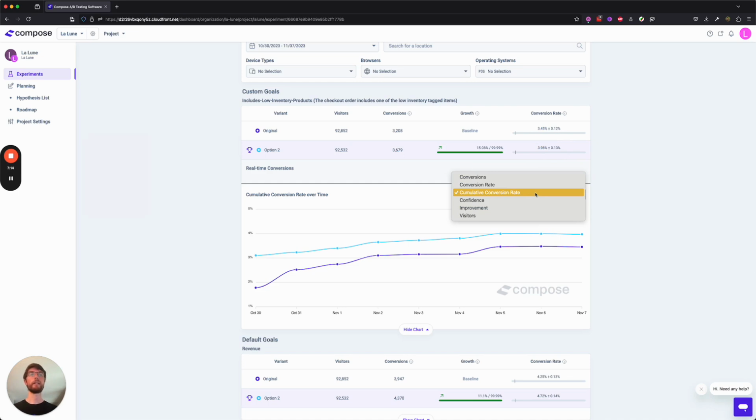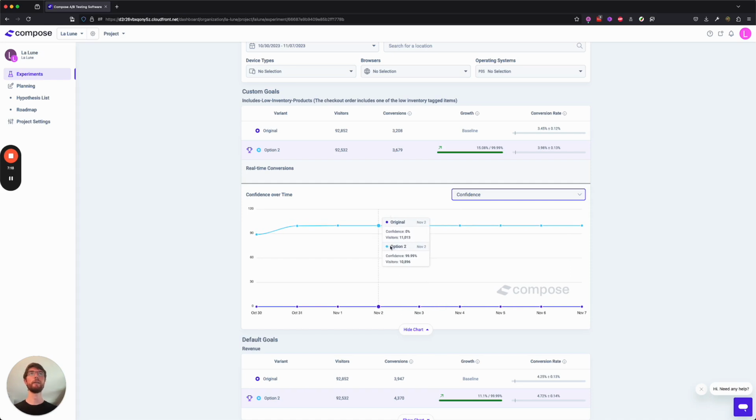Other insights we can get from this is confidence over time. So this is our confidence number where we very quickly hit stat sig on this test. There was a very large difference in conversion rates early on. And so you can see by day 2, we were at 99% confidence already.